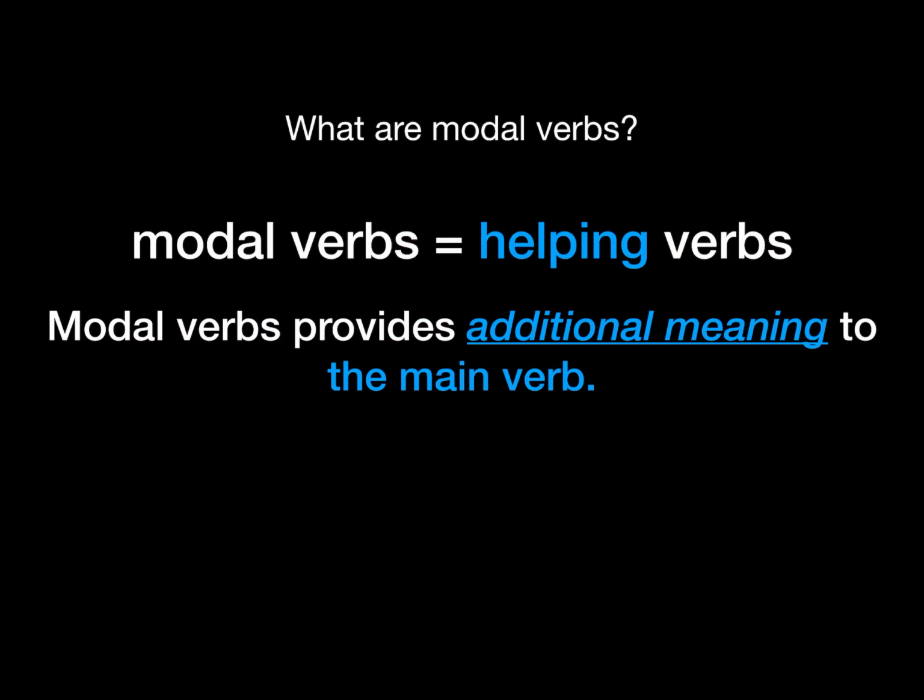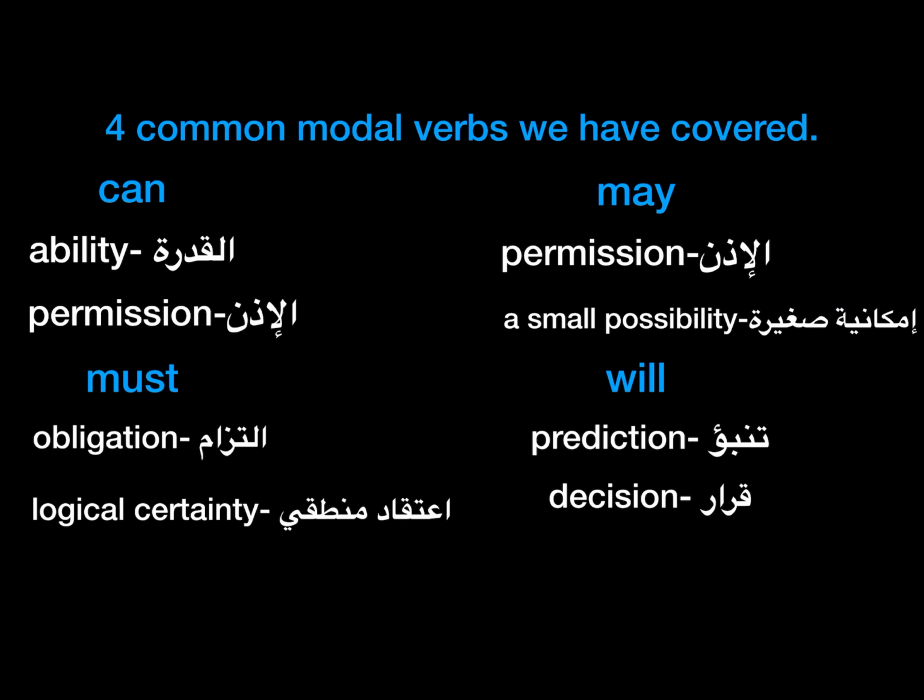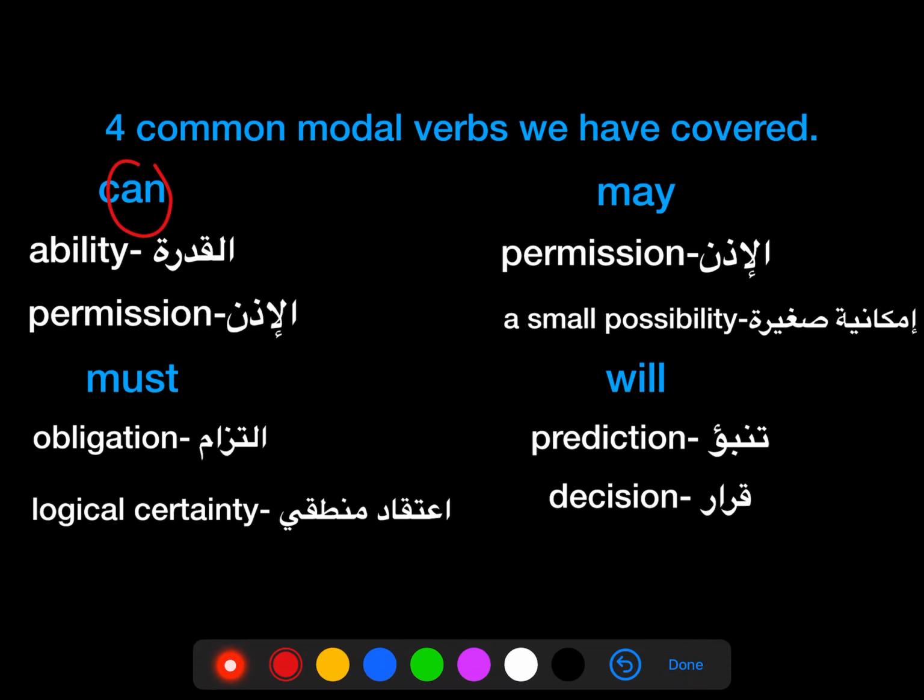Okay, that's why we use modal verbs. We have four common modal verbs we have covered. One, can. Two, may. Three, must. And four, will. So we have four modal verbs, but we have two different functions in each modal verb.